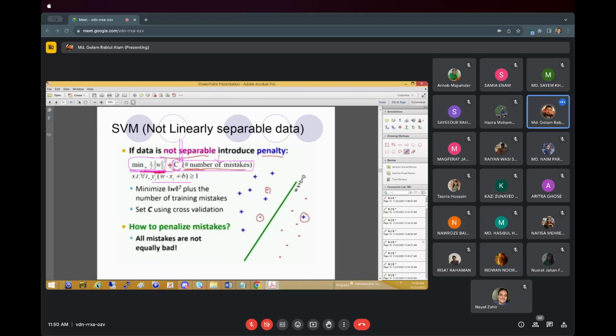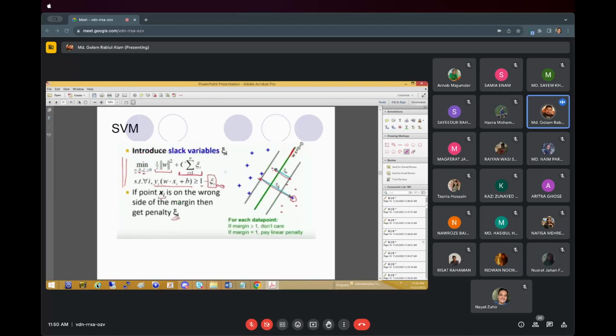Our model will allow mistakes, but we need to penalize them so that we do not consider many mistakes. For the penalization, we need to consider how many mistakes, and also that all mistakes are not the same.